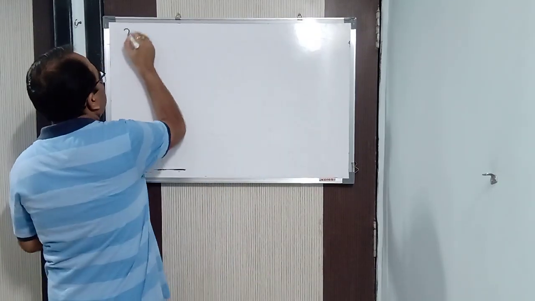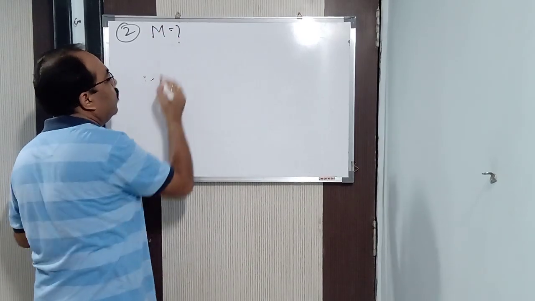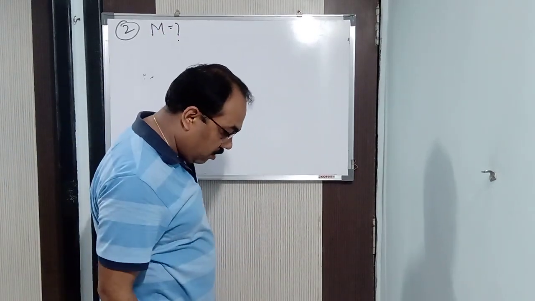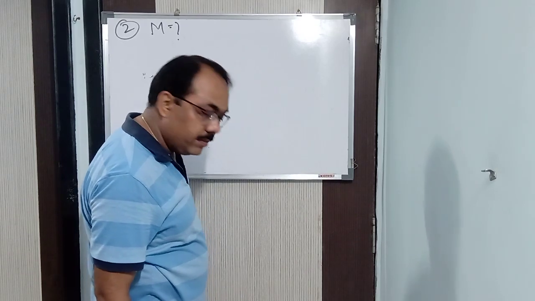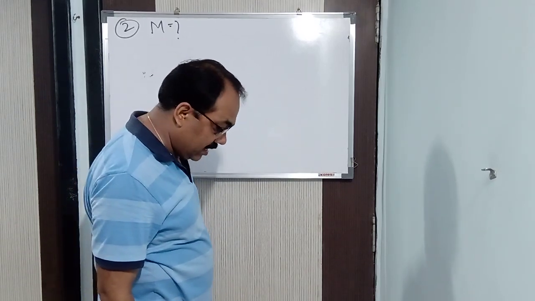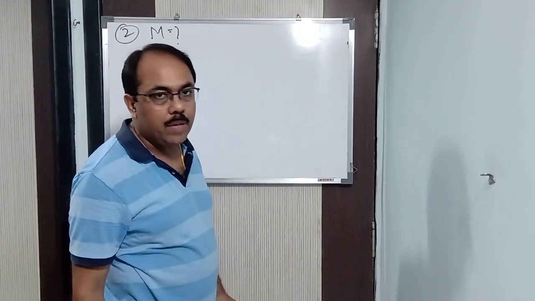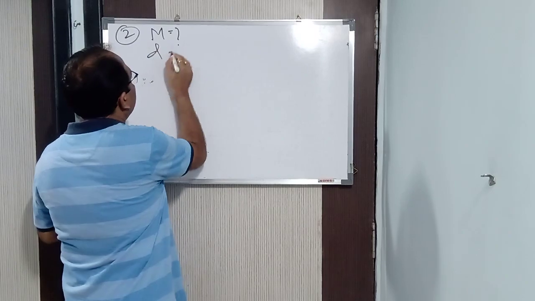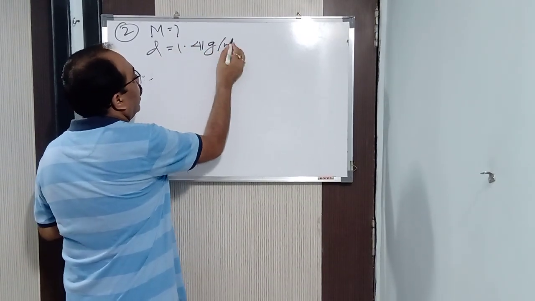That means it is asking to calculate the concentration in molarity. Moles per liter is the unit of molarity. So calculate the concentration of nitric acid in moles per liter in a sample which has a density of 1.41 gram per ml.